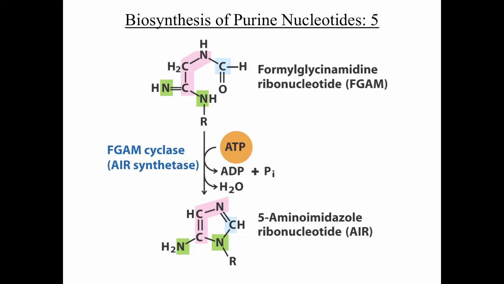So in the next step, we have a dehydration reaction in which a molecule of water is removed, and then we have ring closure between this nitrogen and carbon. So it forms a bond and yields the 5-membered ring.